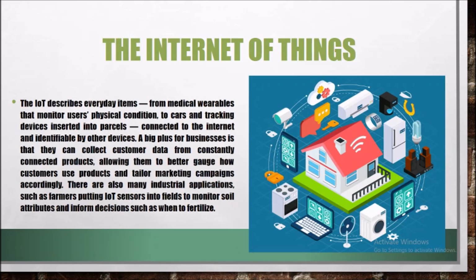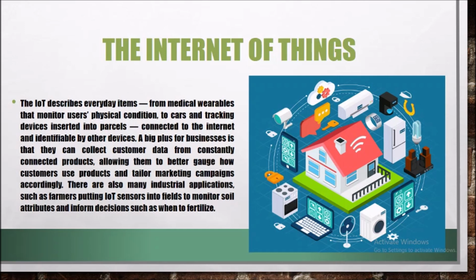Next, we have the Internet of Things, also called IoT. The IoT describes everyday items, from medical wearables that monitor users' physical condition, to cars and tracking devices inserted into parcels, connected to the internet and identifiable by other devices.